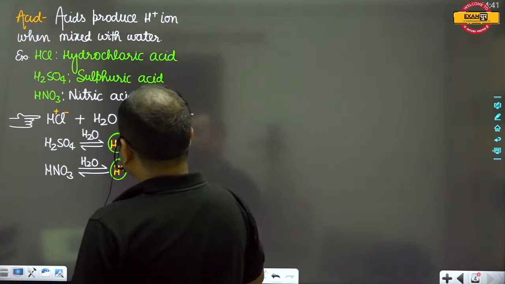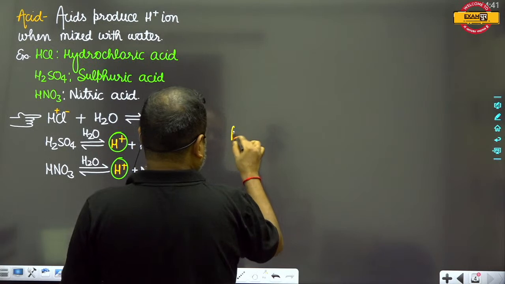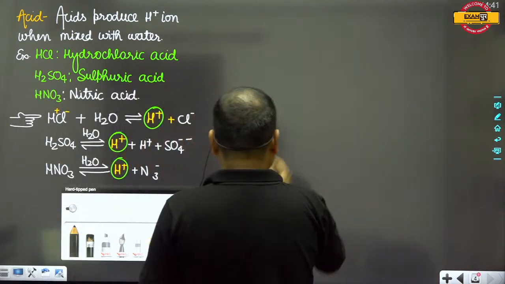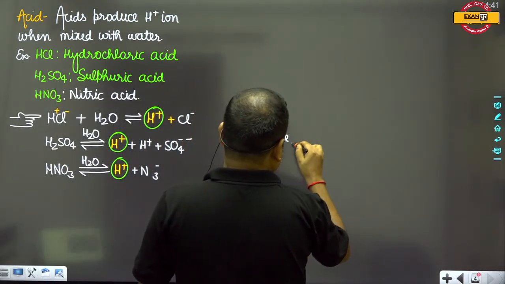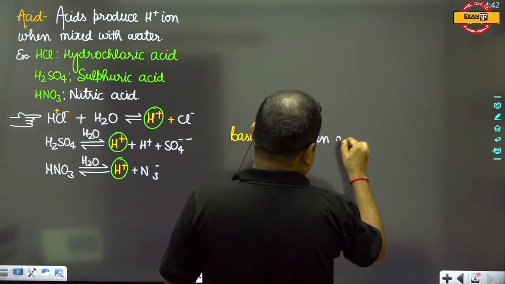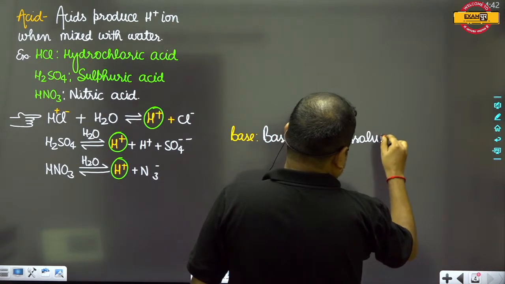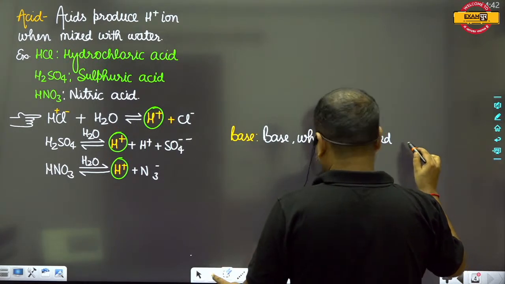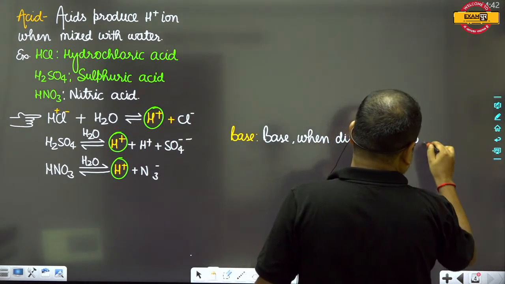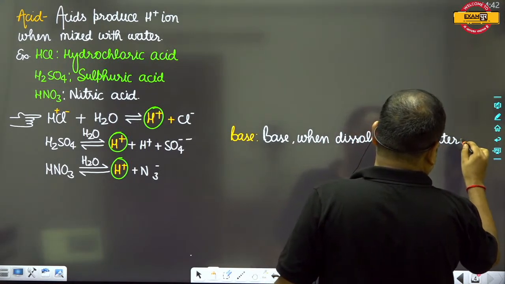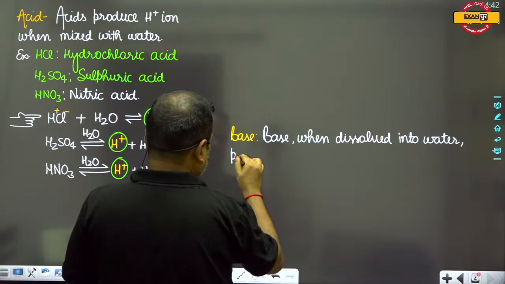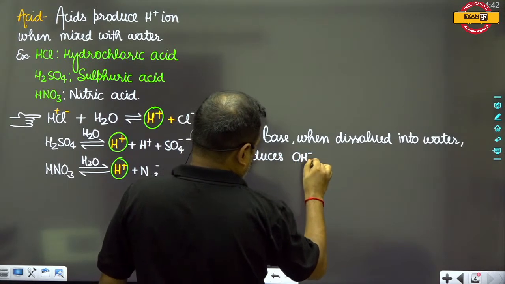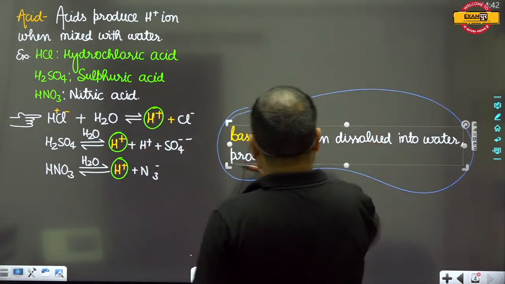Similarly, in the case of bases, a base when dissolved into water produces OH minus ions.